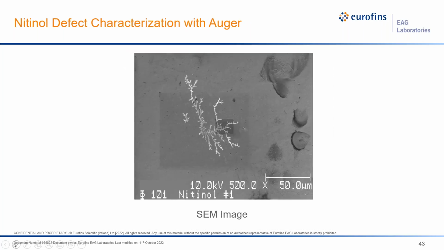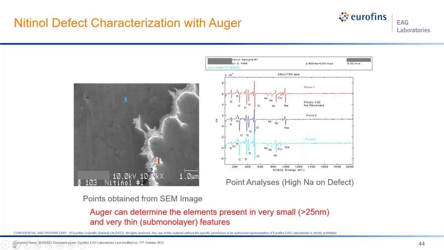This slide shows a dendrite looking defect on the nitinol part, nickel titanium, and we zoomed in on a smaller section of this defect in this SEM image on the left, and also set up 3 points in different locations, 2 on the defect and 1, number 3, outside of the defect.